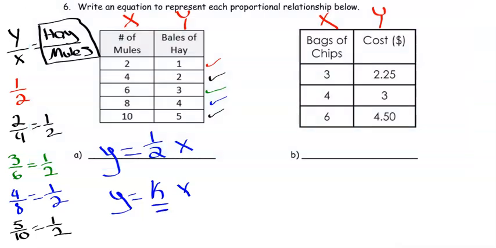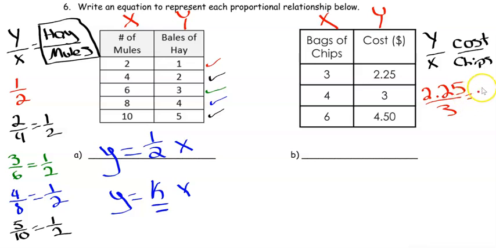Now for the second table about chips and costs, again, label the columns. X is the number of bags and Y is the total cost. Done. Check the pattern. 3 bags to $2.25, 4 bags to $3, 6 bags to $4.50. To find the cost per bag, we want to divide the cost Y by the number of bags X. I'm going to start off with the first set. Once we divide the numerator and the denominator by 3, we end up figuring out that it's going to be 0.75, aka 75 cents for 1 bag of chips.